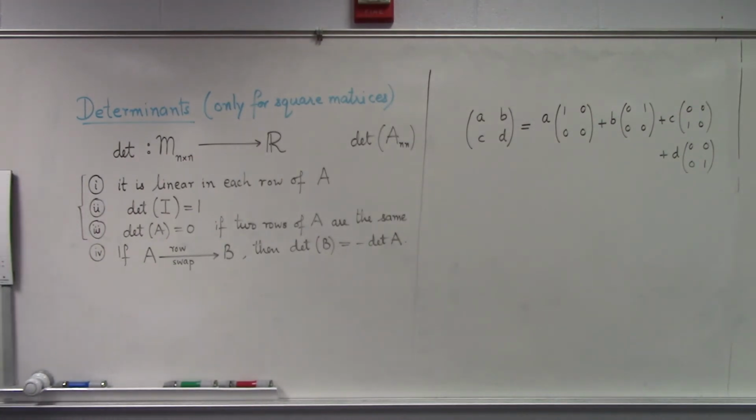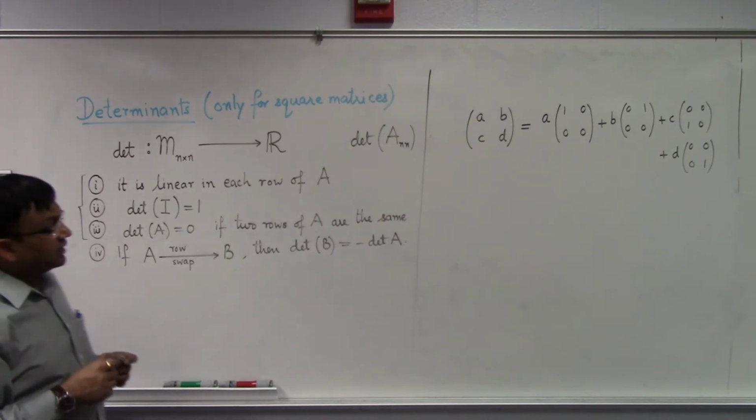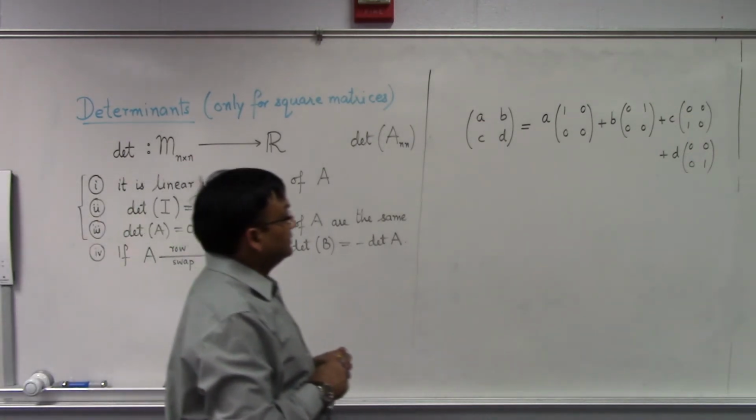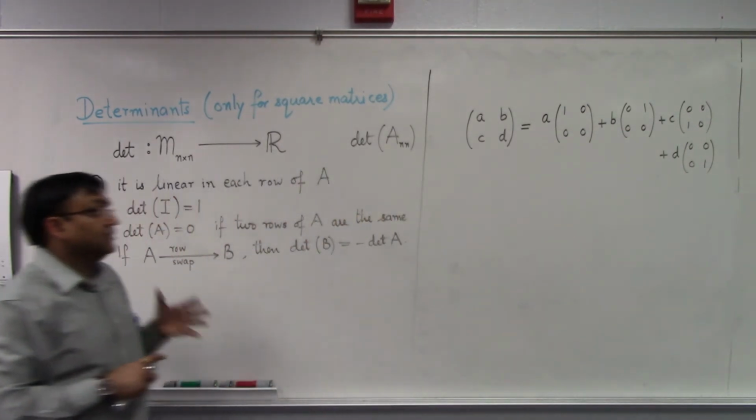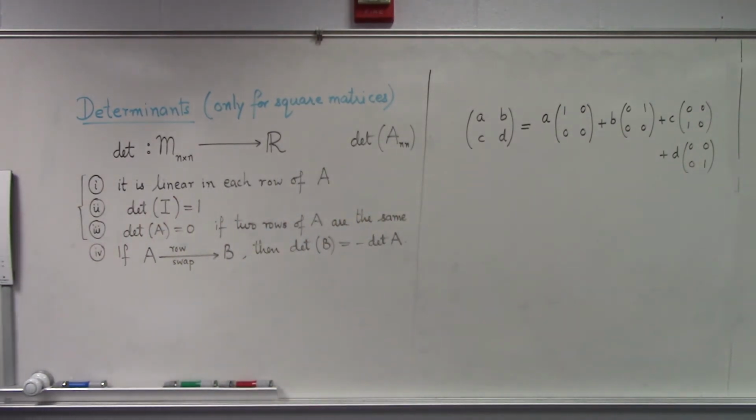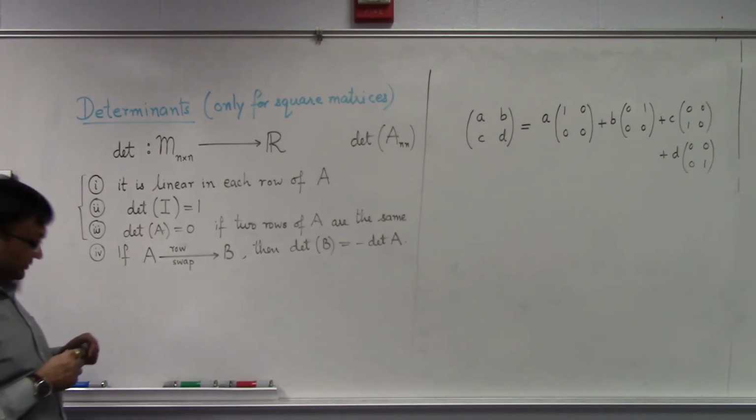Now, if I can prove something about these matrices, the ones which I listed, perhaps they can tell me a little bit about the determinant of my matrix A, B, C, D. But the question is, what exactly can I say about the determinant of those matrices?